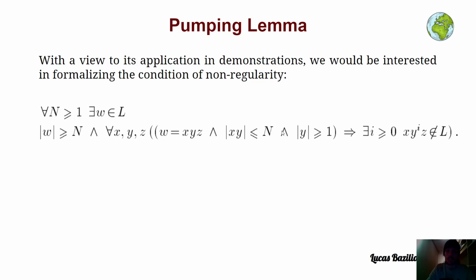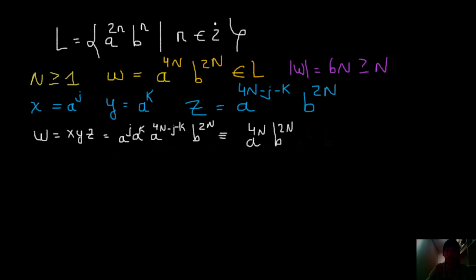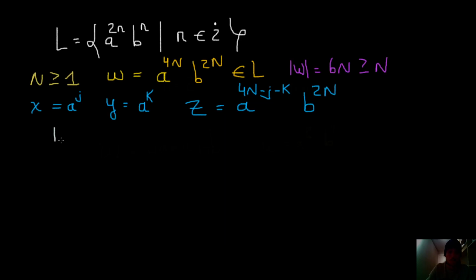Also, there are these two conditions: the length of xy needs to be less or equal to n, and the length of y greater or equal to 1. If the length of xy is less or equal to n, and here we have j occurrences of the symbol a, and here we have k occurrences of the symbol a, then j plus k needs to be less or equal to n.